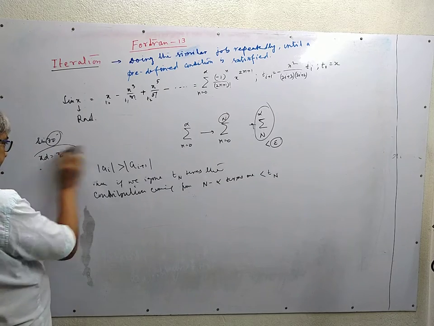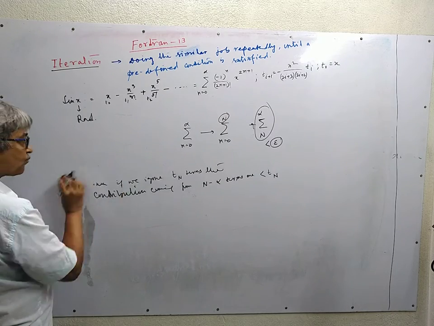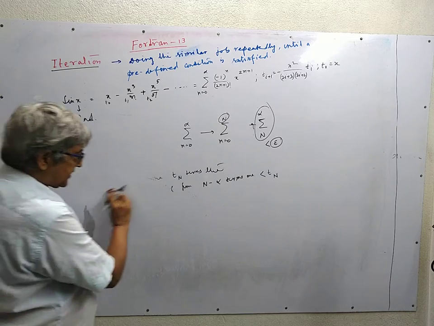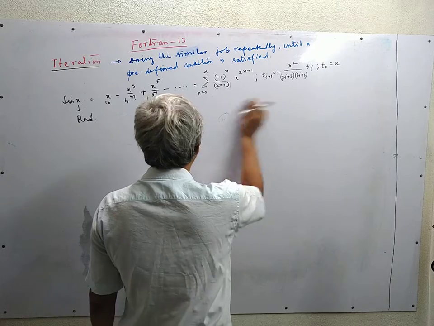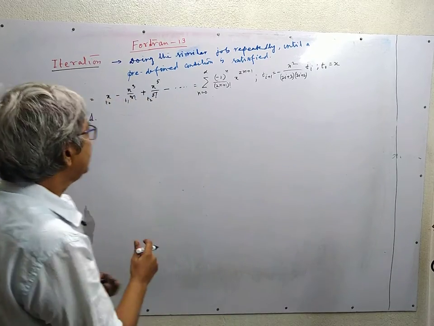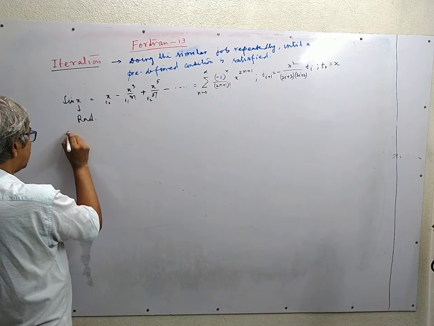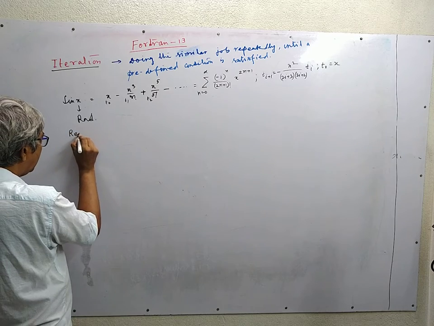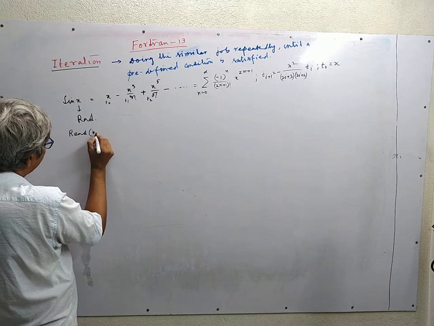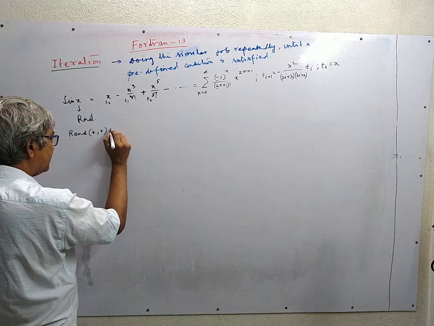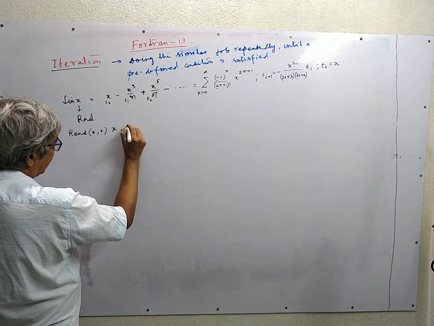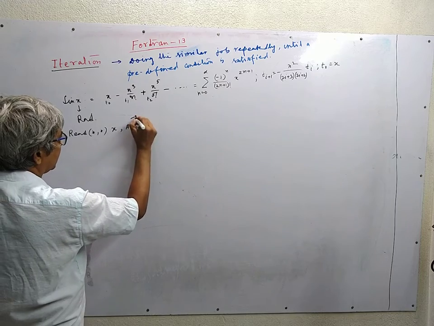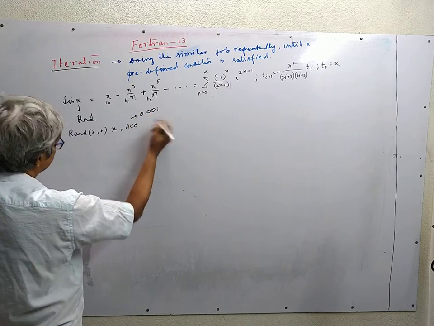Now, keeping this in mind, we evaluate the sine function like this. First we read the value of x and the accuracy level. Say the accuracy level is 0.0001.